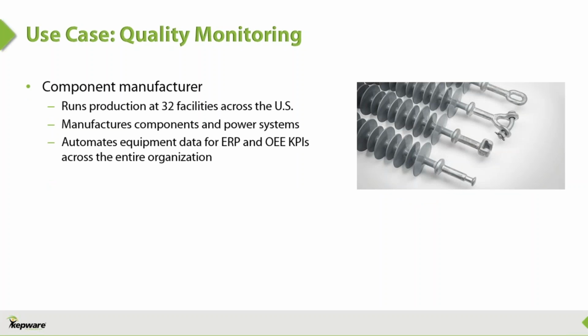A really interesting monitoring use case: this manufacturer of components was having some major quality issues, and one of the main reasons was that they had very little automation in place.